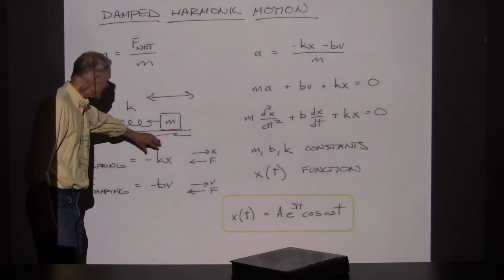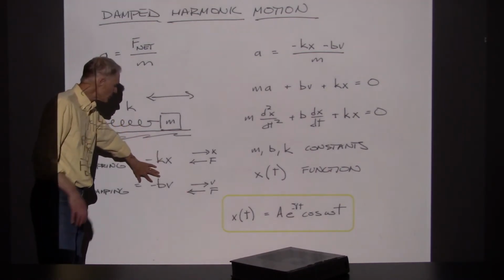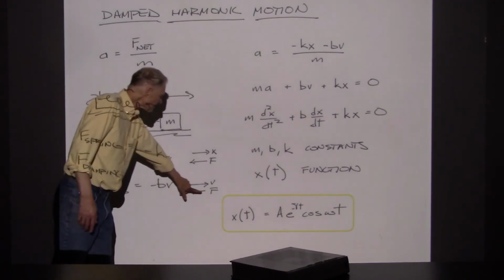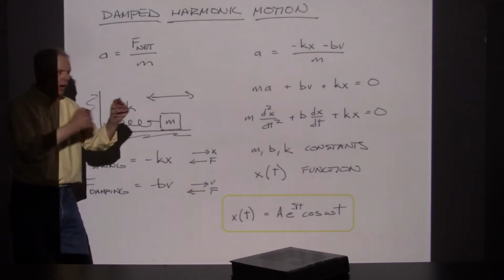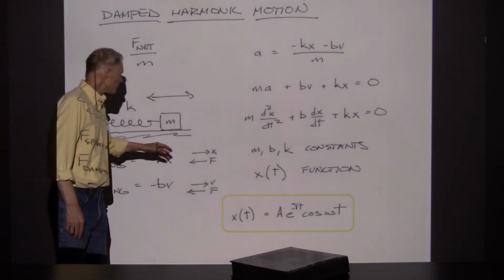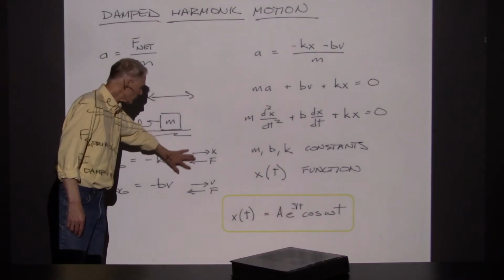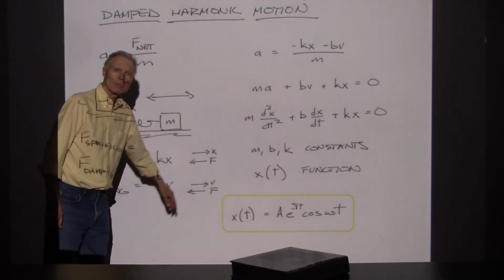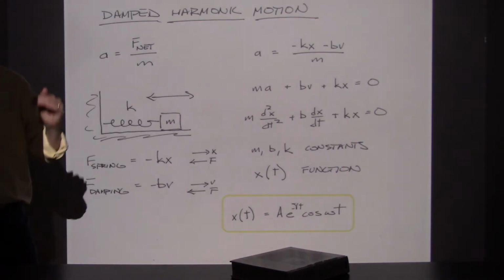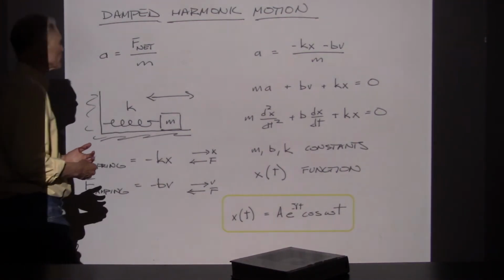So this is an ideal spring. This is an ideal damping effect. And the negative sign here says that the force is always opposite to the velocity. Now, the spring can be a conservative force, but the damping force is not. That's going to start taking energy out of the system, and the amplitudes will get smaller.